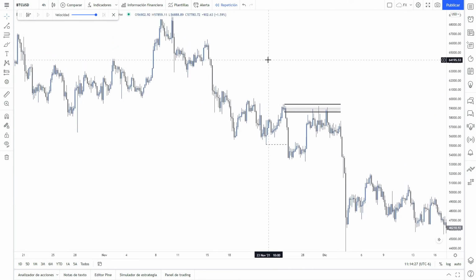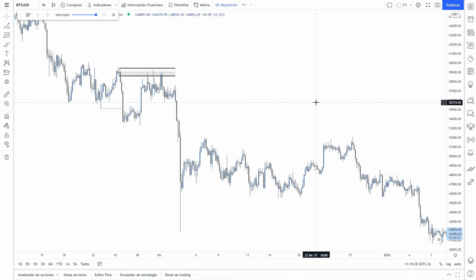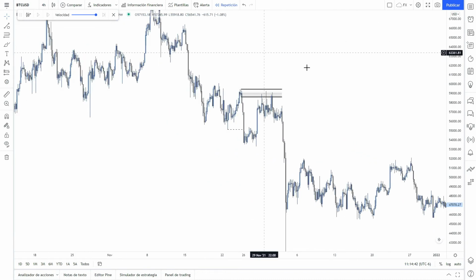We need to follow the banks. So price reverses to the zone, orders are filled, and then price drops again. So this is a bearish downtrend.